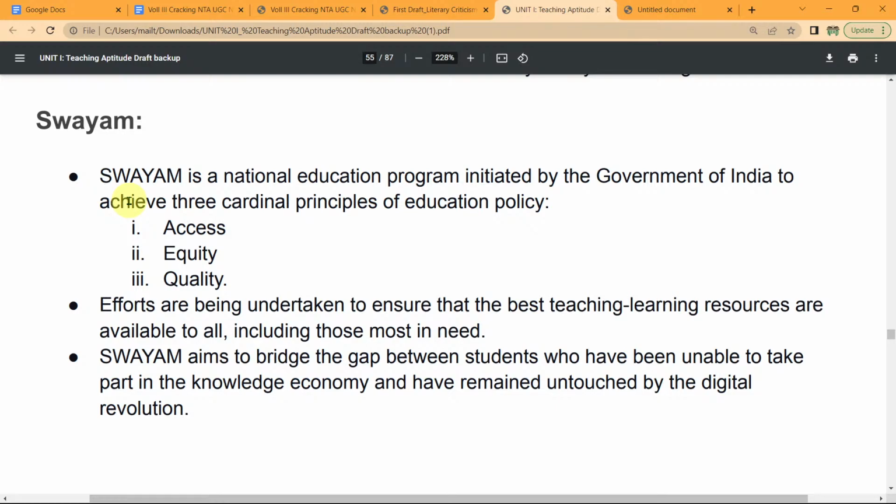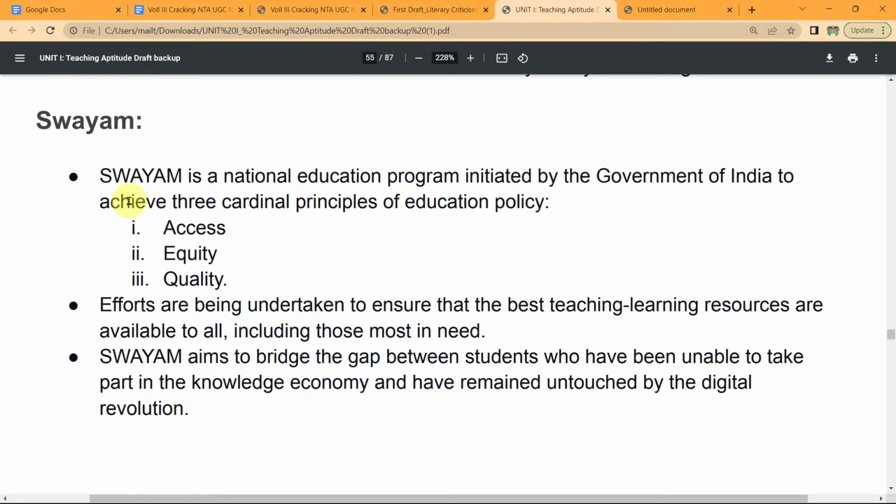So Swayam, we know that it is an initiative by the Government of India to achieve 3 cardinal principal goals: access, equity and quality. According to Swayam, the goal is to give every student access to good quality courses and resources.